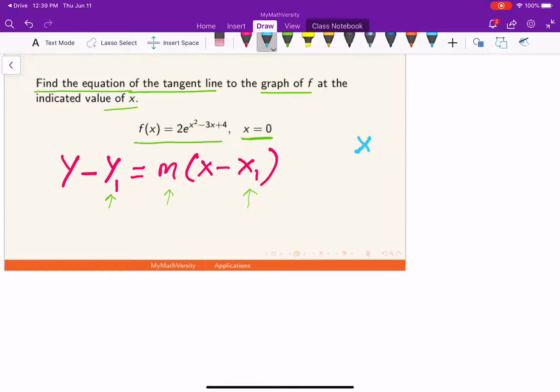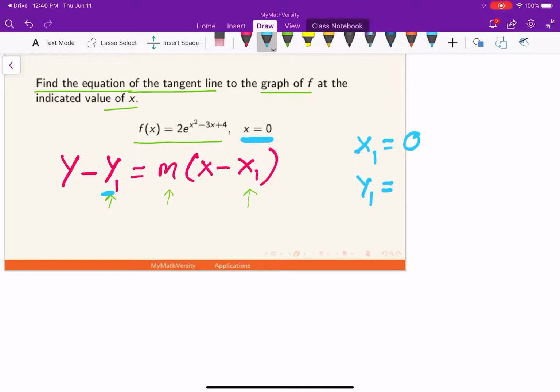Let's first find x1, the x coordinate of the point of tangency, which is already given here. We need to find the equation of the tangent line at x equal to 0, so the x coordinate of the point of tangency is just 0. Now let's find y1, the y coordinate of the point of tangency.